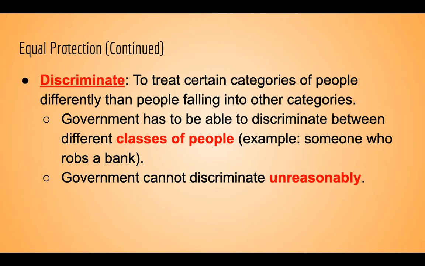The government has been able to discriminate between different classes of people. For example, someone who robs a bank versus someone who doesn't rob a bank. The government, though, cannot discriminate unreasonably. So you can't treat one class of person unreasonably different than another class of person.